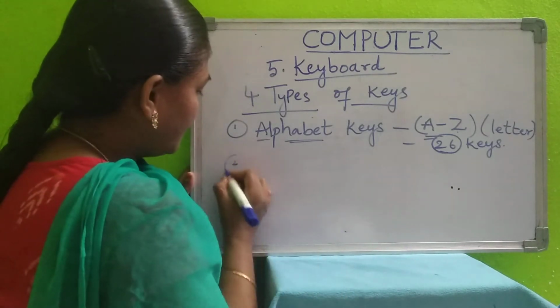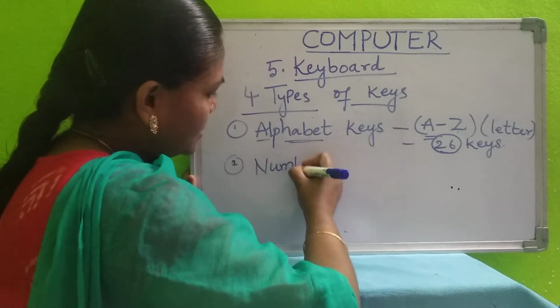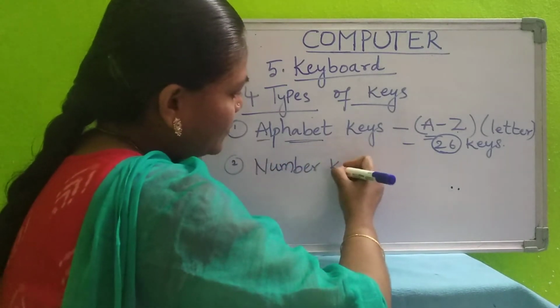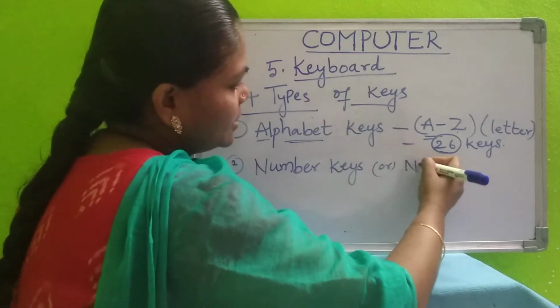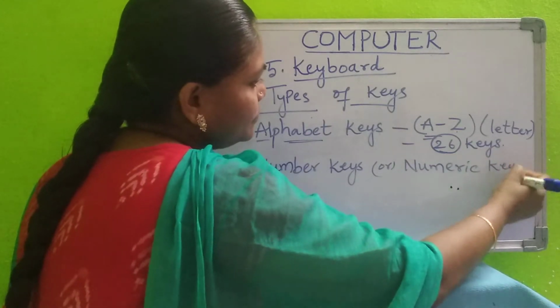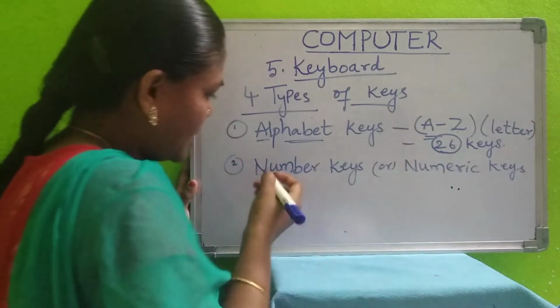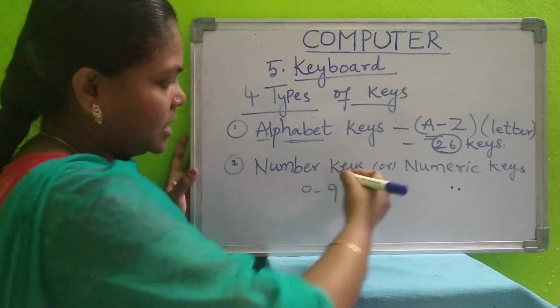So next type of keys are number keys or numeric keys. Second one is number keys. These are also called as numeric keys. So how many numbers we have here? 0 to 9. 0 to 9 number keys are there.